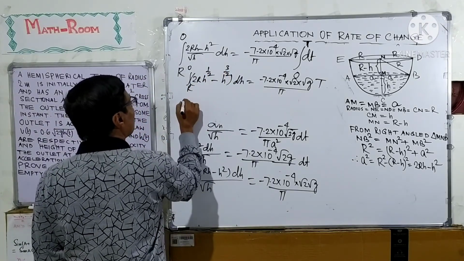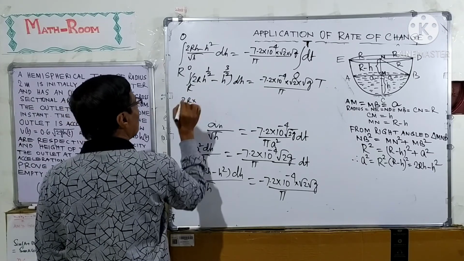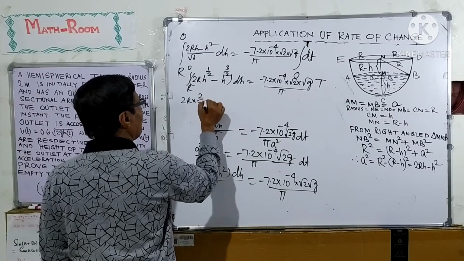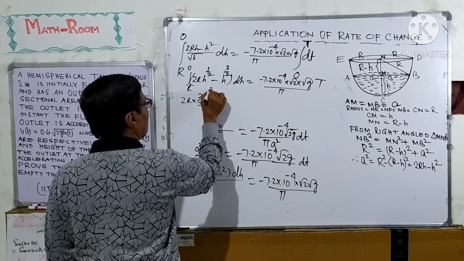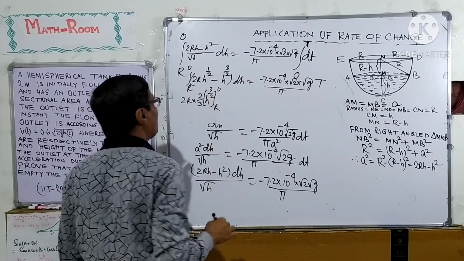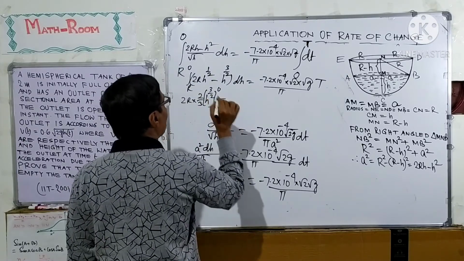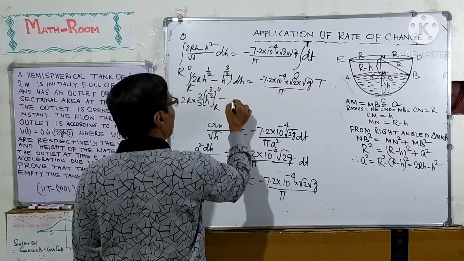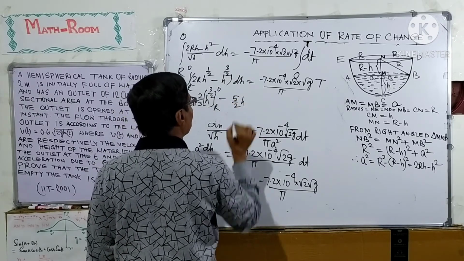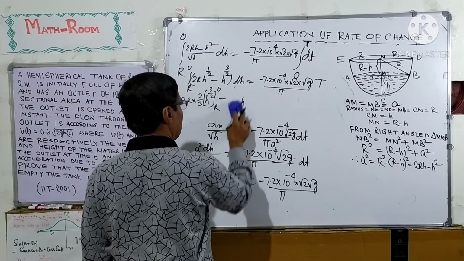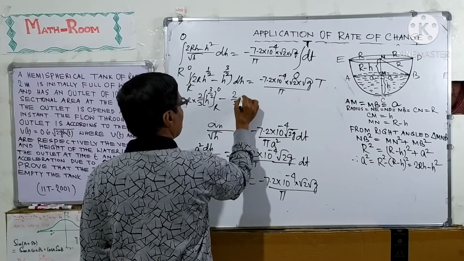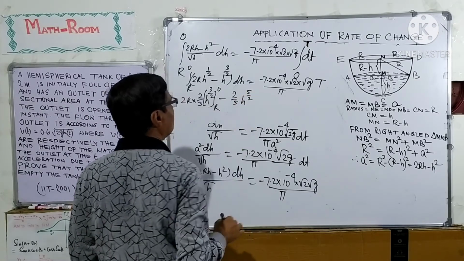After integrating, 2R into 2 over 3 h to the power 3 over 2, limit is R to 0, and minus, here h to the power 5 over 2, after integrating we get 2 over 5 h to the power 5 over 2.